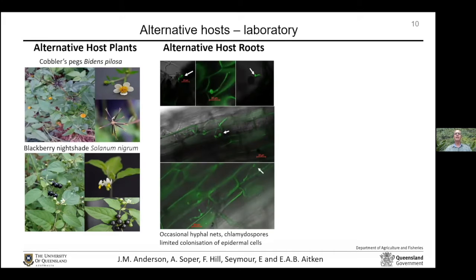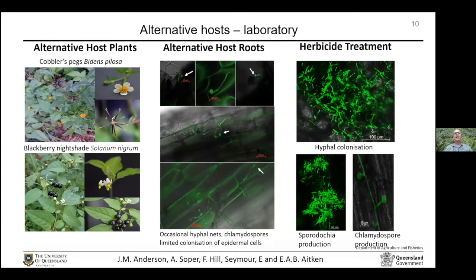It didn't necessarily get into the epidermal cells, but there were nets that could produce chlamydospores. Once those plants were treated with herbicides, there was extensive hyphal colonization, and then sporodochia produced on the outsides of the plants with massive chlamydospore production.